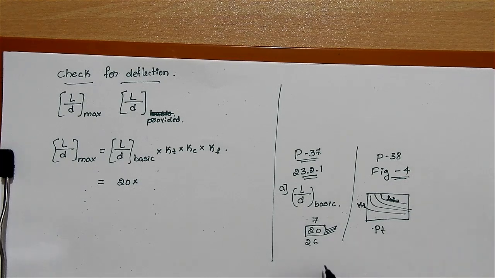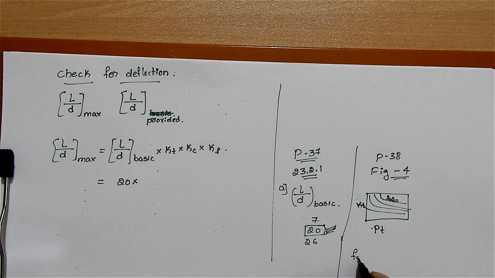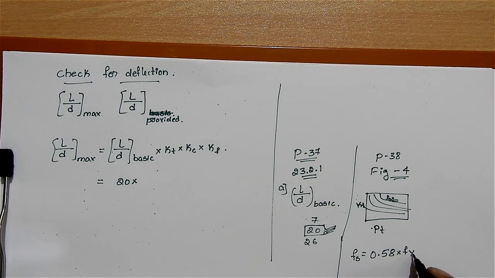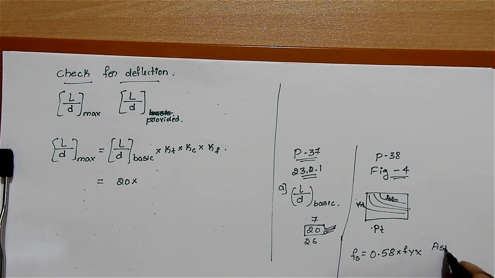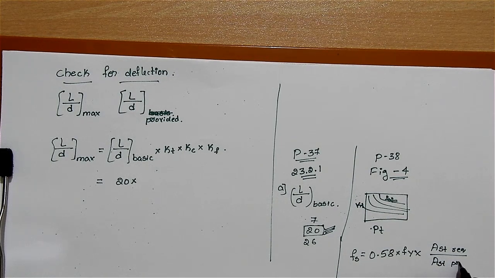So what is Fs? The formula for Fs is given on page number 38 only. Fs is equal to 0.58 into Fy into AST required divided by AST provided.